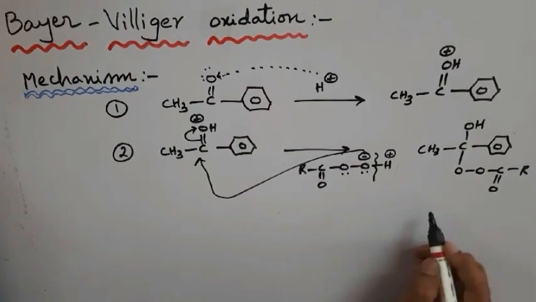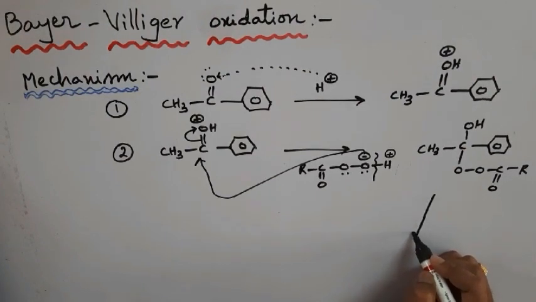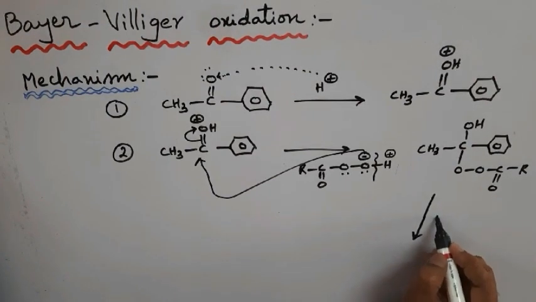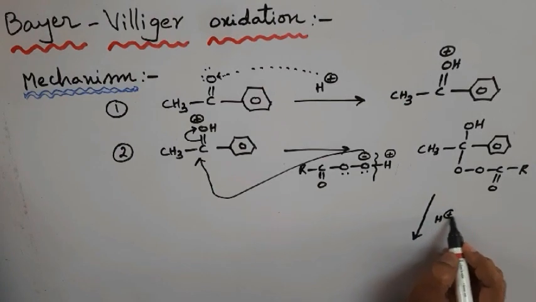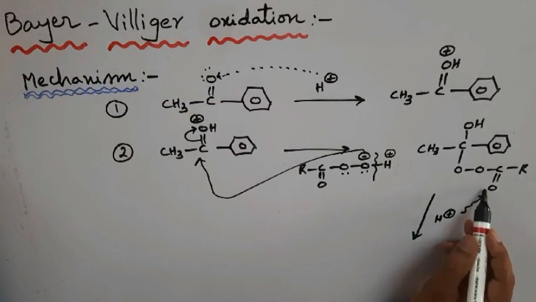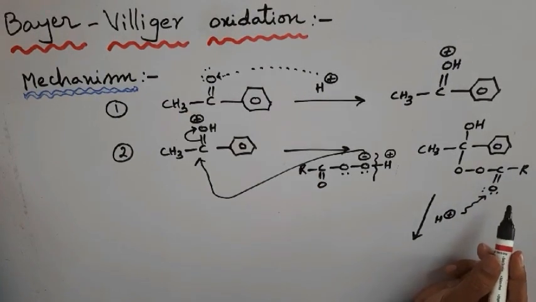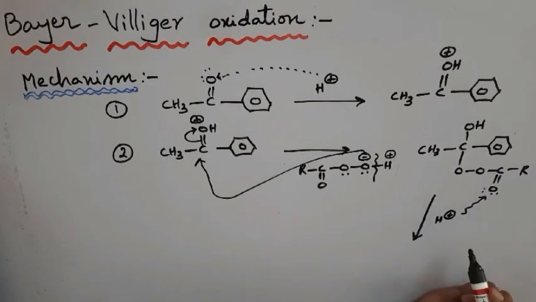Now in the third step, the product obtained in the second step is protonated again, and this proton attacks the lone pairs available on the ester group oxygen, as shown here.